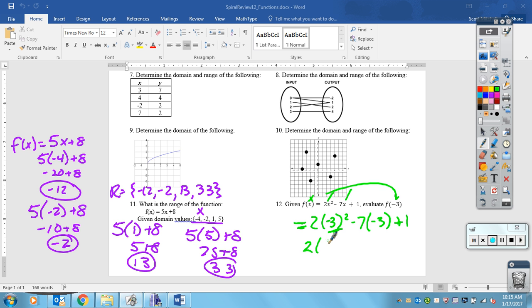Again, 3 times 3 is 9, not 6. This is 18 minus 7 times -3 plus 1. A -7 times a -3 is a positive 21, plus 18 plus 1, which is 40 for question 12.